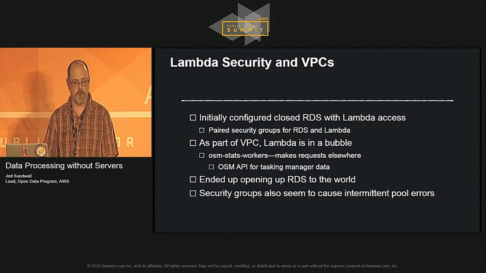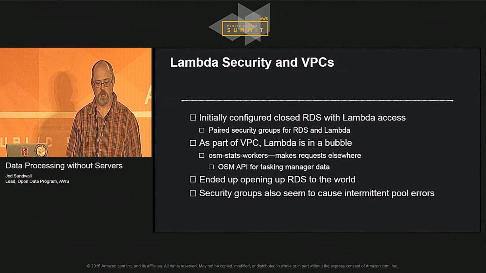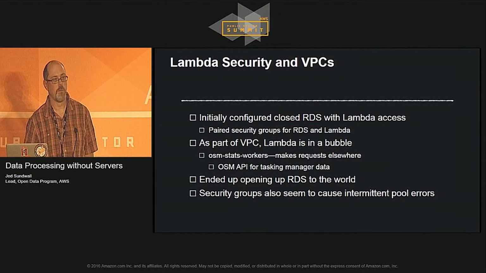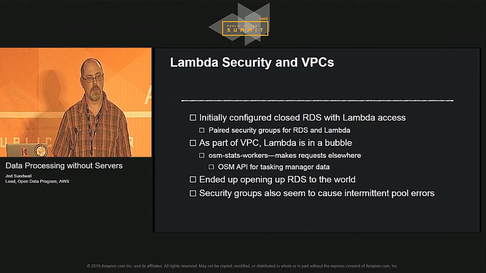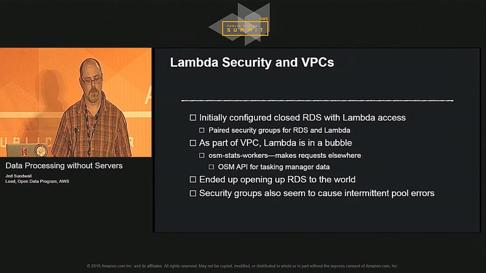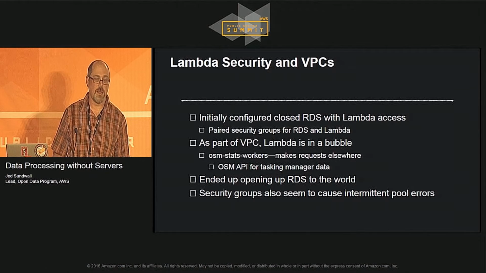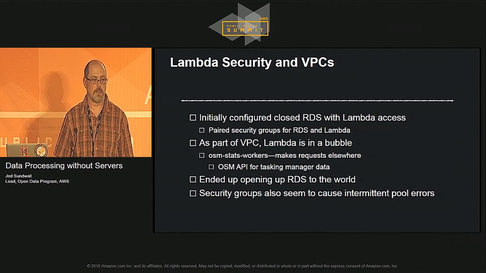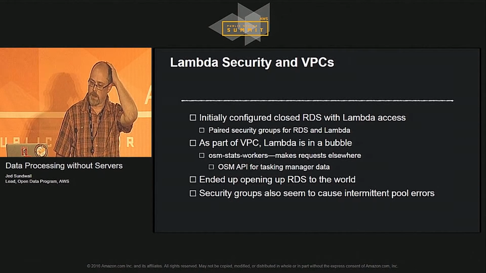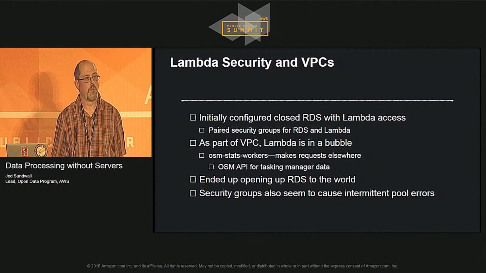Lambda security and VPCs. Another issue that we had run into: initially we had this great idea that we would configure RDS to be closed within a VPC. The way that you do that with Lambda, and this is actually a very new feature in the last several months, allows you to add a Lambda function to a VPC.